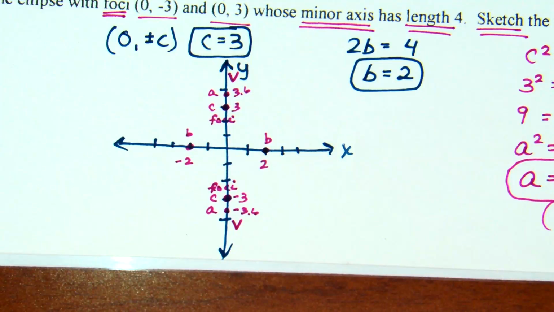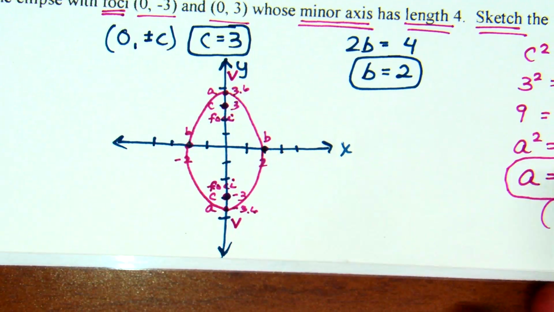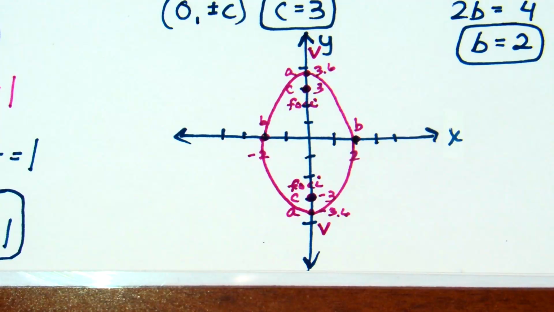I do better drawing an ellipse if I don't have to connect the dots along the way. Doable. We'll take it. So my ellipse looks something like that. Questions there?